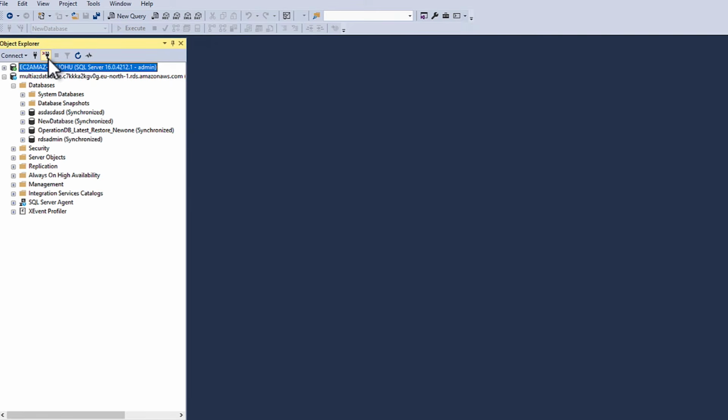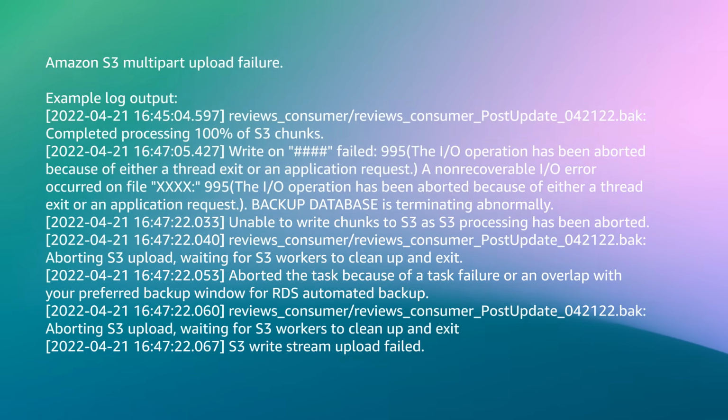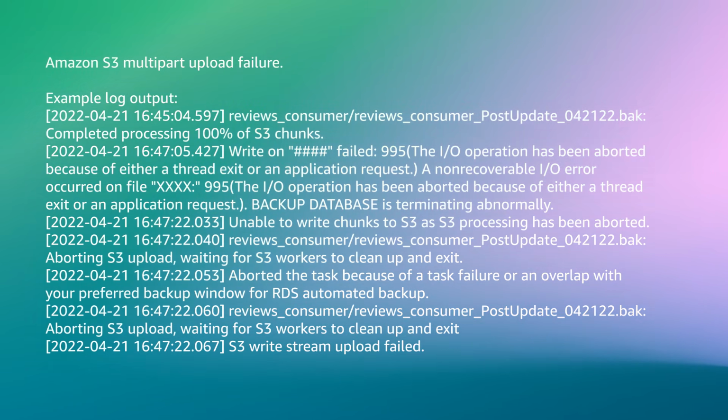For more information on native backup restore and steps to turn on TDE on an RDS DB instance, refer to the articles linked. Fifth, Amazon S3 multipart upload failure. This is an example of error for Amazon S3 multipart upload failure. This issue occurs when you back up a database on an RDS DB instance.